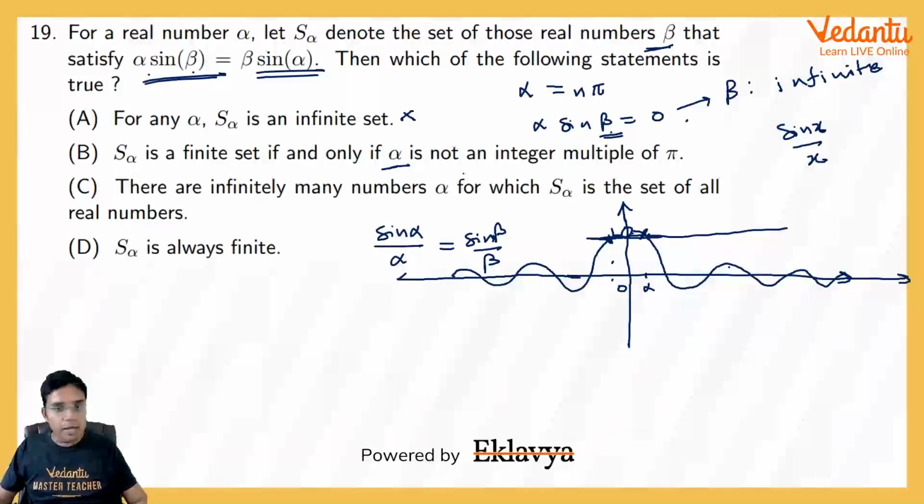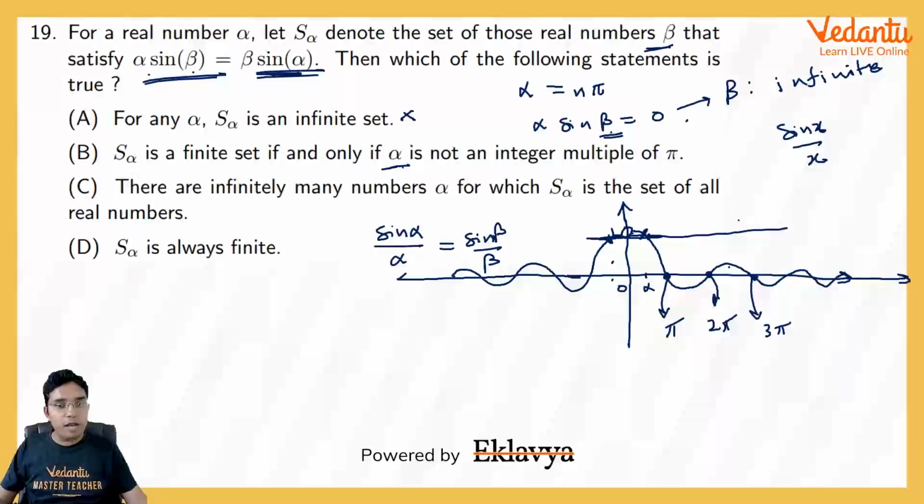Let me tell you why. First of all, I have proved that if alpha is an integer multiple of pi, then S alpha is infinite. Now, if alpha is not an integer multiple of pi, that means this will not be 0 and this will be other than all these points. These points correspond to pi, 2 pi, 3 pi and so on.